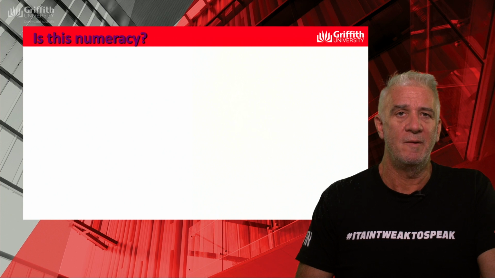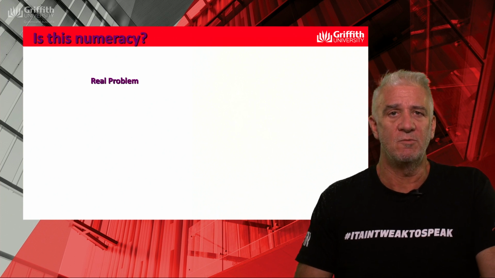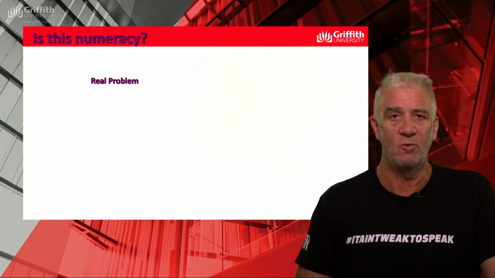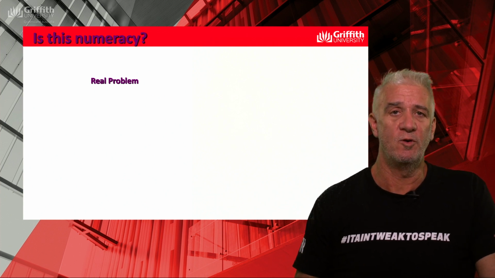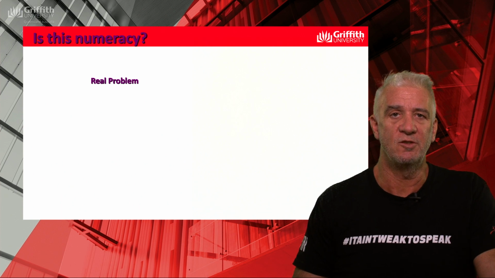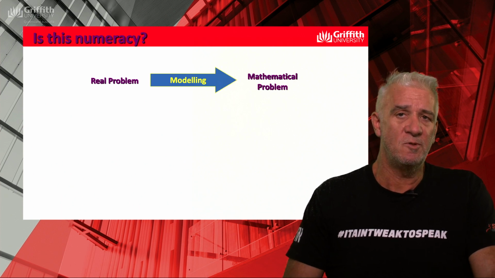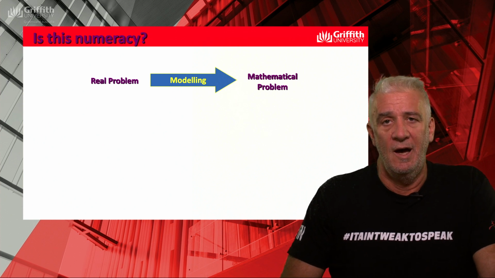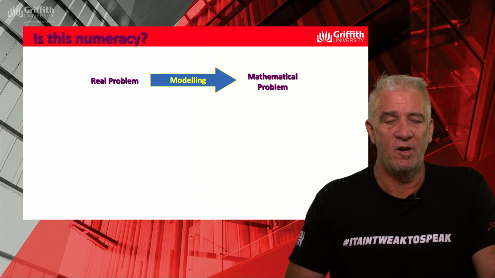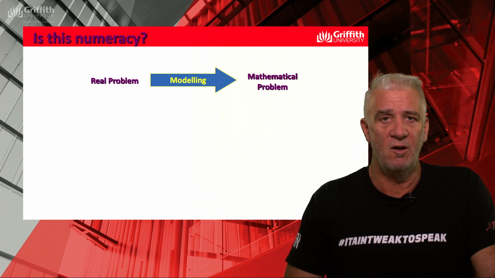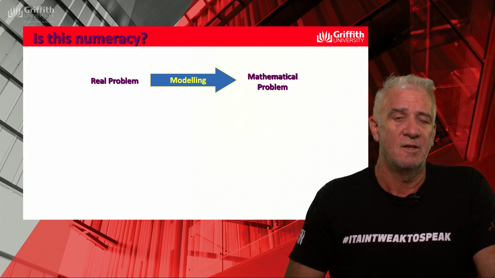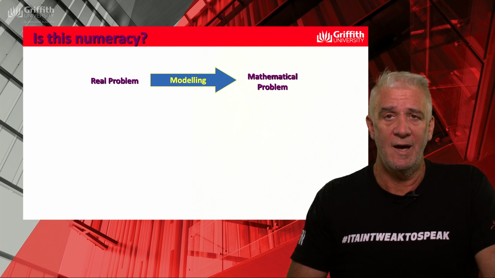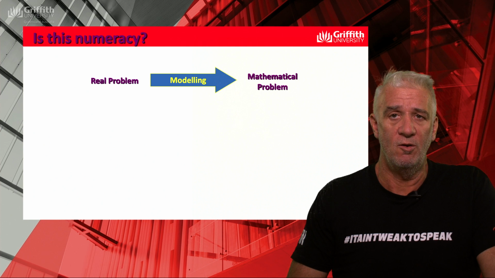So I want you to think a little bit about numeracy. Now often in numeracy we'll start with some sort of real problem. Real as in, I'm not sure what a pretend problem is, but some sort of real problem, something that might be relevant to the students. And then you'll do some sort of modelling to build a mathematical problem. So for example, you might want to know how much fertiliser you need to put on your front lawn. That's supposedly a real problem. And then what you might do is draw a diagram of your front lawn, which is a rectangle.